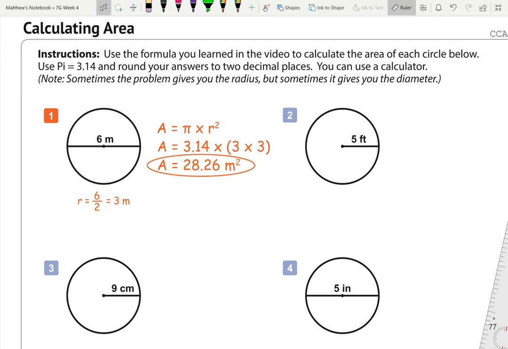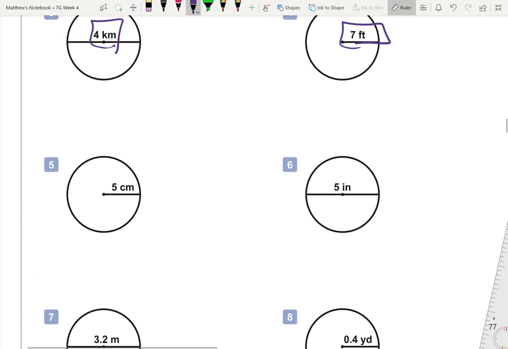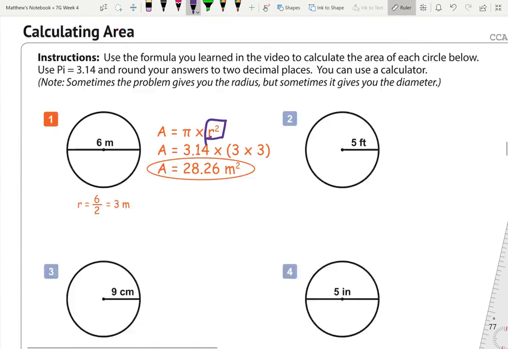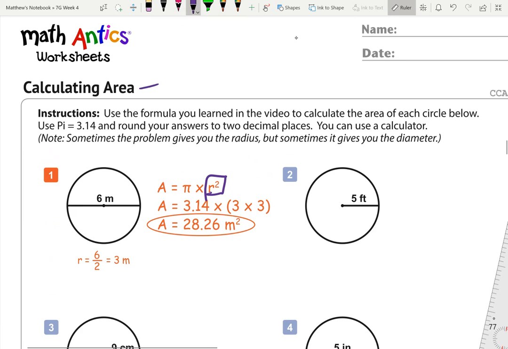And then here we go, calculating area. So area, you're just dealing with the radius. So while we wanted the diameter up here, we actually want the radius when we're calculating the area. I'm actually going to write that right here. I want the radius because our formula for calculating area, which is luckily right here, is area equals pi times our radius squared. And again, radius squared just means radius times itself.